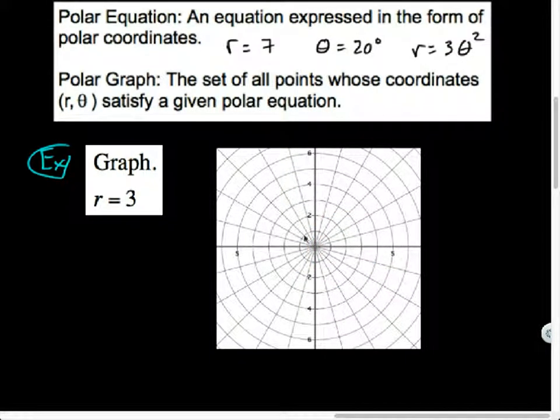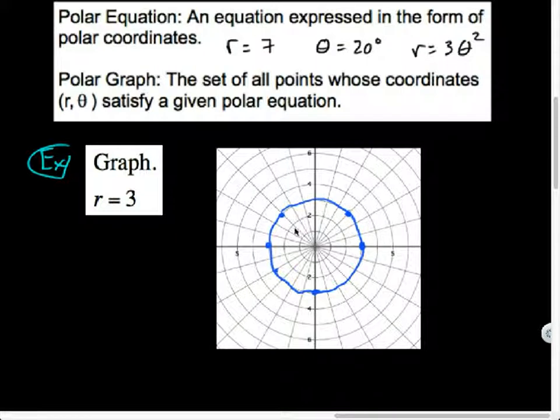So think about these points. So that would be like 3 and 0 degrees. That would be like 3 and 45 degrees, or 3 and negative 90 degrees, or 3 and 135. If I plot all of the points, I think you'd agree that all of the points, this circle's getting ugly. There we go. It would represent a circle, right? Because theta could have been anything according to this. And that is what we would have.